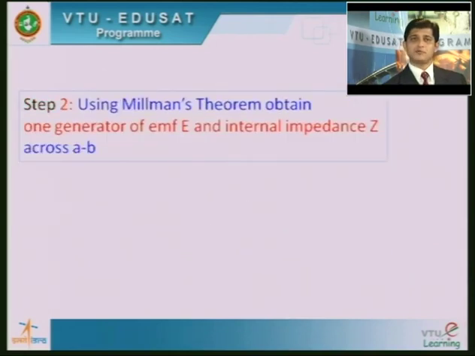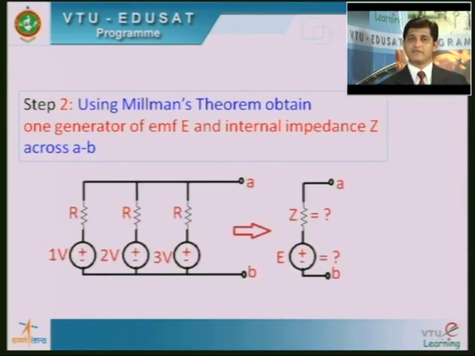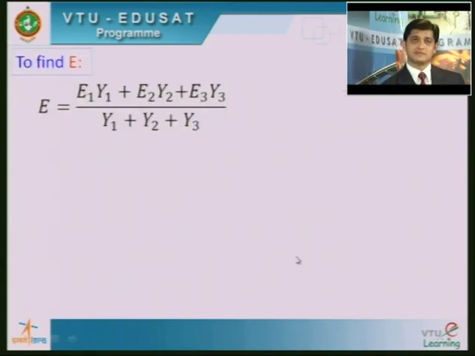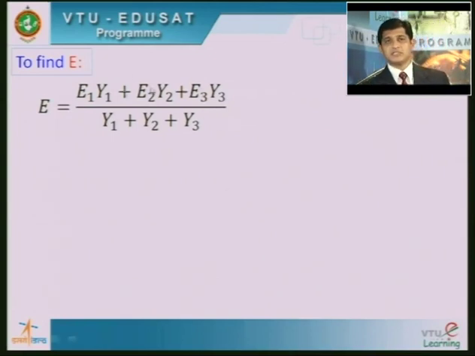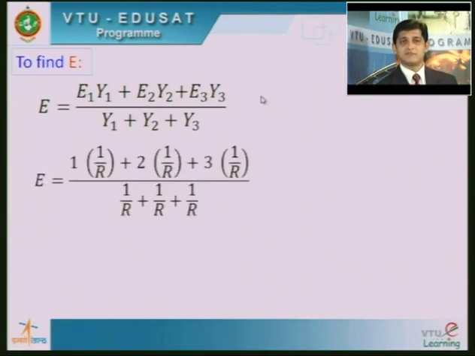Using Millman's theorem to obtain one generator of EMF E and internal impedance Z across AB. This is what we have, and this is what we need to obtain. Again, this is a 3-branch network, so we have limited this particular equation to 3 EMFs and 3 admittances. Go on substituting the values.